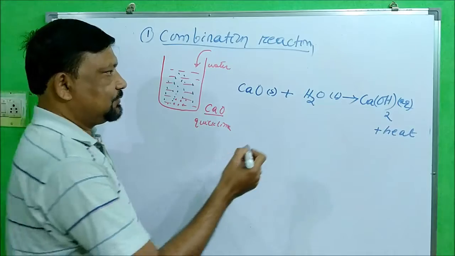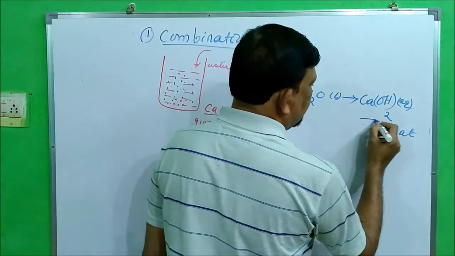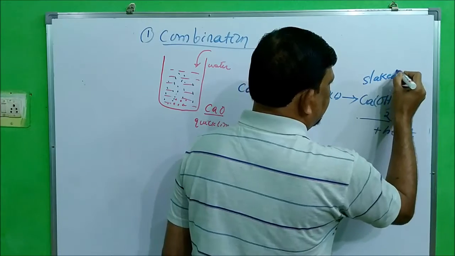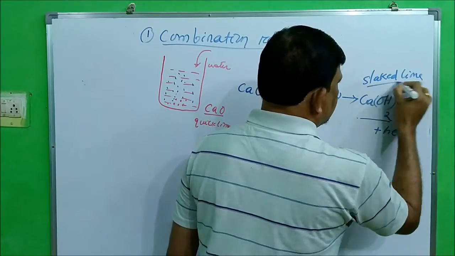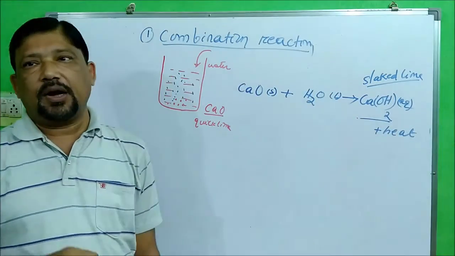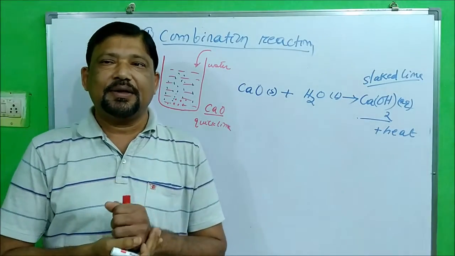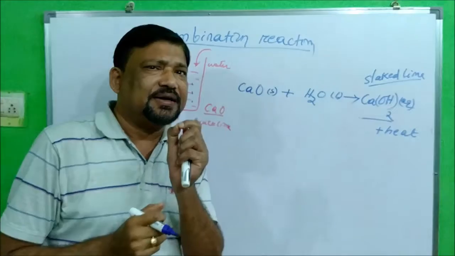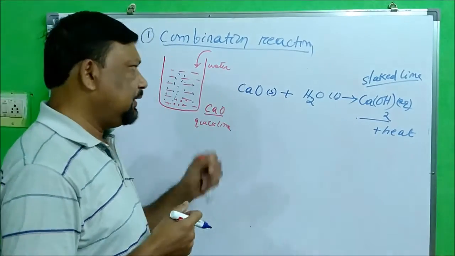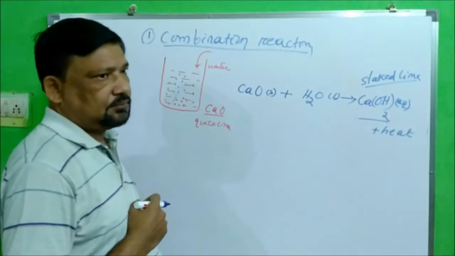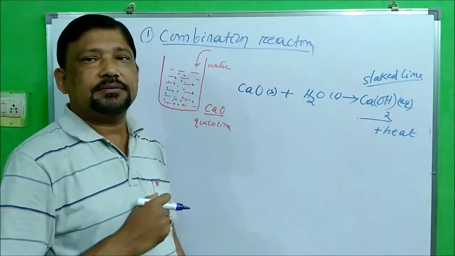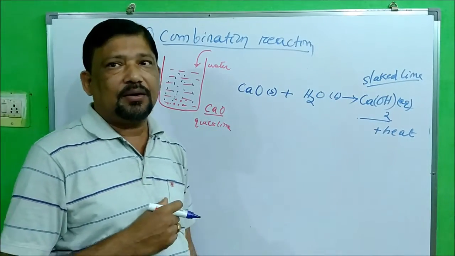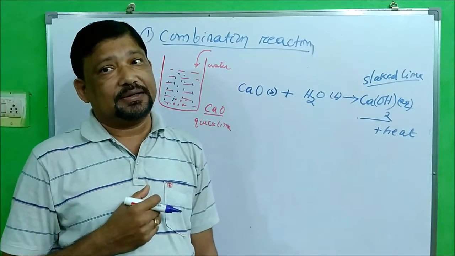Got my point? And this product which is formed here is called slaked lime. You use this in your house for whitewash during Deepavali. It is generally a little bit white yellowish color, but when you put it on the wall along with water, after some time your wall gives the bright white color.